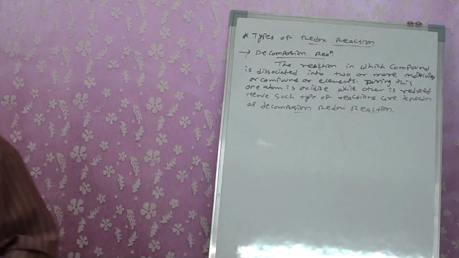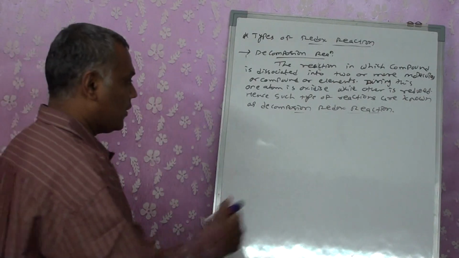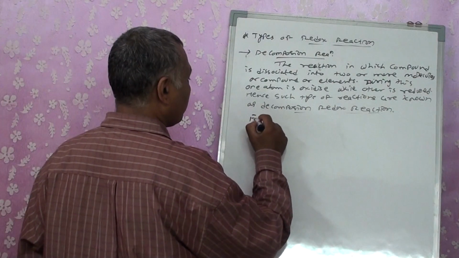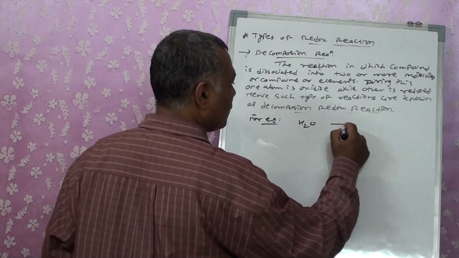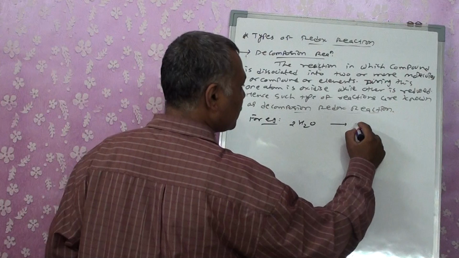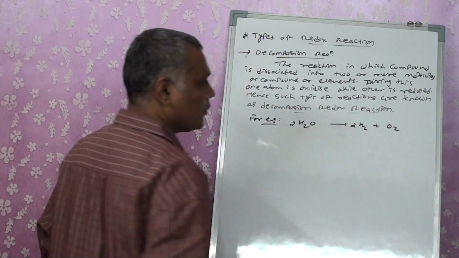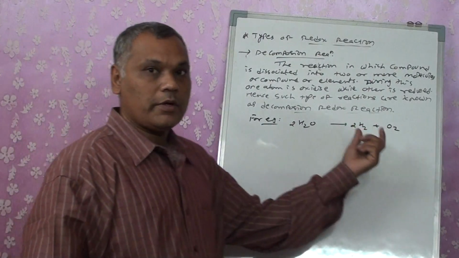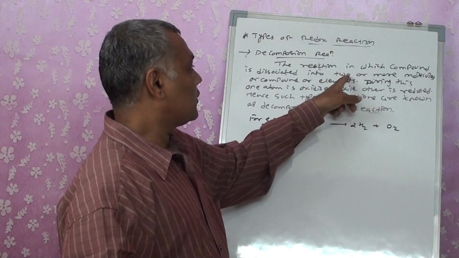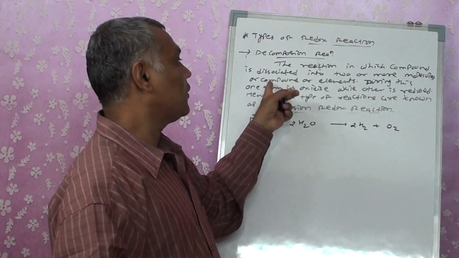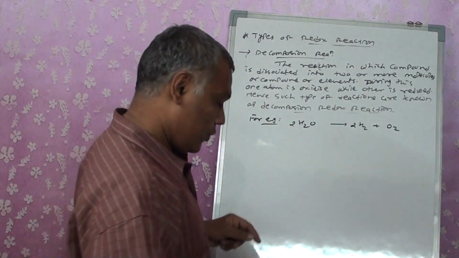Let's take an example for this type of reaction. 2H2O2 on decomposition produces 2H2O plus O2. See, from the compound it has produced molecules, right? We said two or more molecules, maybe compounds, maybe elements. Here we are getting it in the form of molecules.